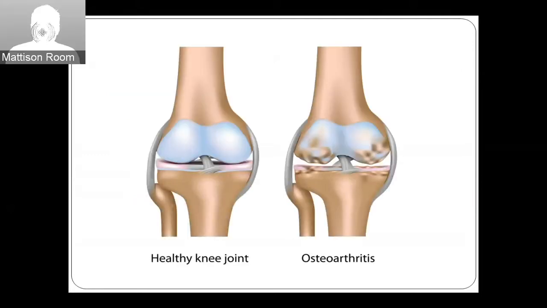So what is arthritis? Arthritis can attack any joint, and a joint is anywhere where you have part of your body moving. So obviously the knee, the hip, the ankle, little joints of the fingers, the hands. So anywhere that needs to move relative to another.